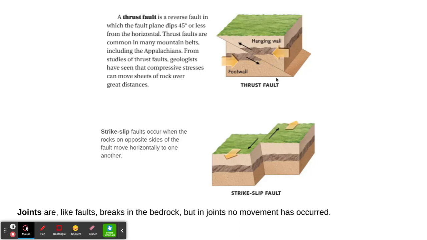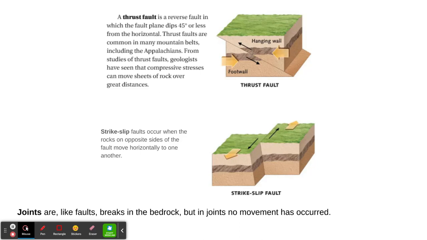Then we've got the last one, a strike slip fault. This occurs when you've got rocks moving in opposite directions, horizontal to one another. The San Andreas fault is a famous example of a type of strike slip fault.